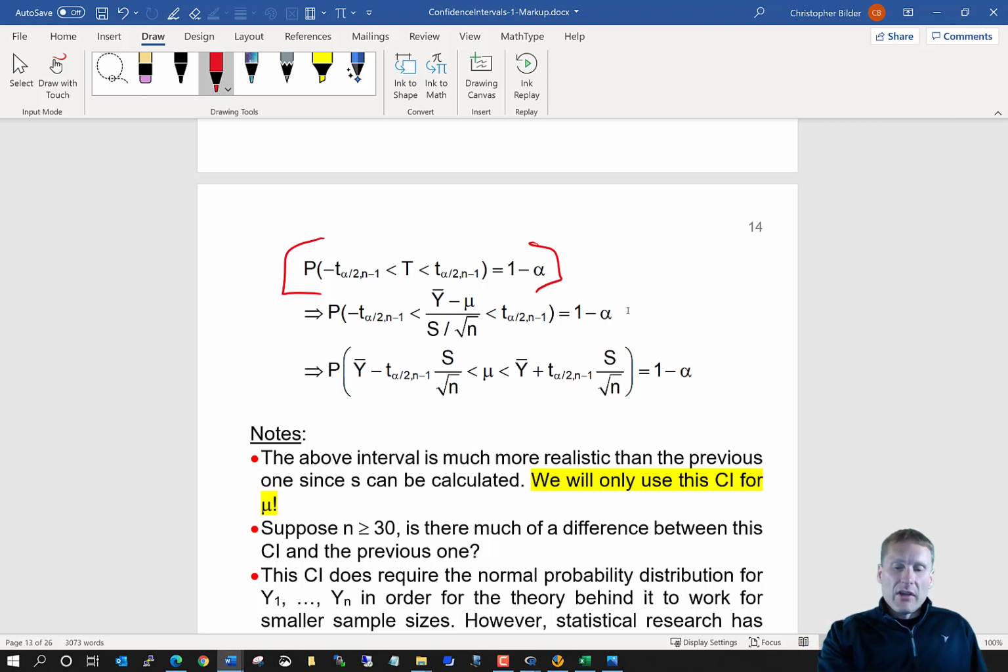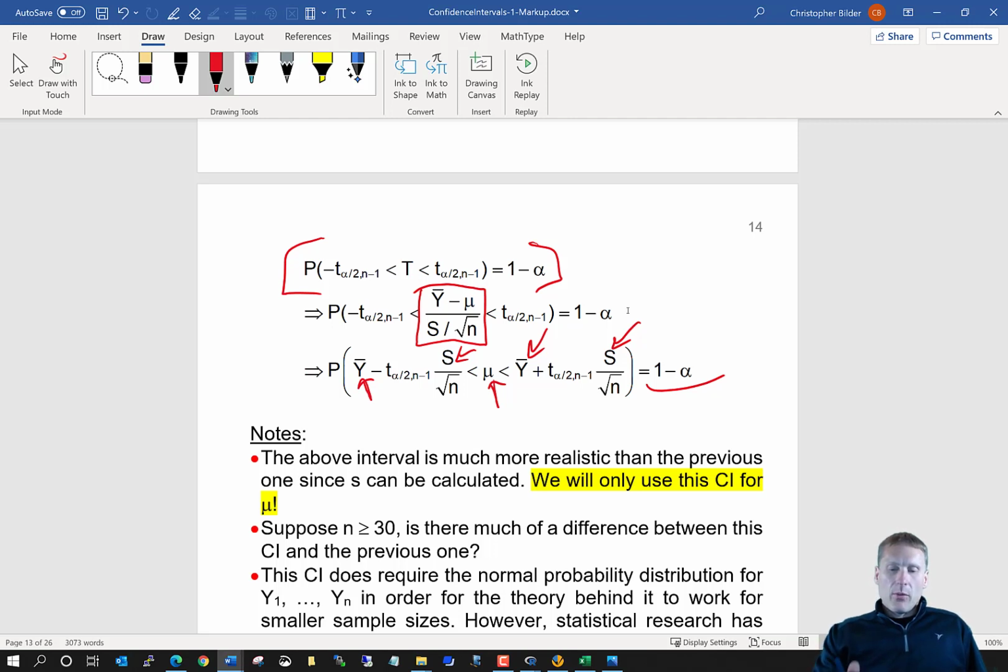We can replace t with the expression that we saw before, do a little bit of math so that we just have mu in the middle, and voila, we have our probability statement, and we have a 1 minus alpha probability. Notice there are two random variables in here, y bar and s. We will talk about the ramifications of that coming up.